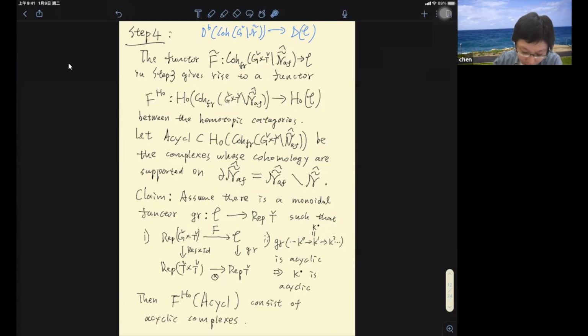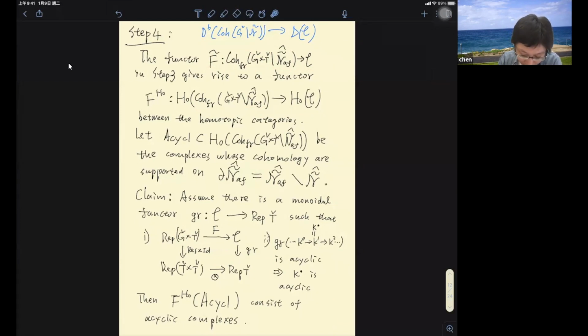First, from the previous step 3, we construct this lifting. Now it's the quotient of this affine cone inside the product, and it gives rise to a functor between the homotopy categories of complexes. So far, you don't need any assumptions.